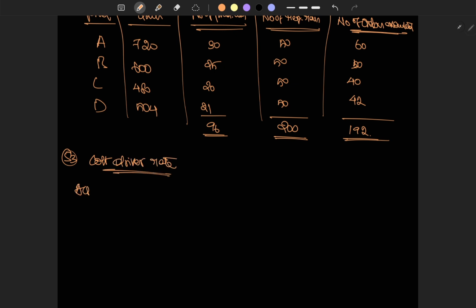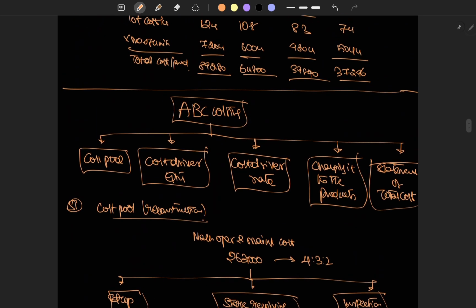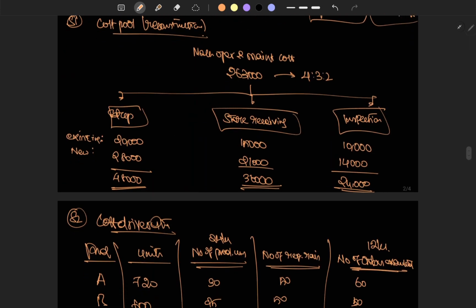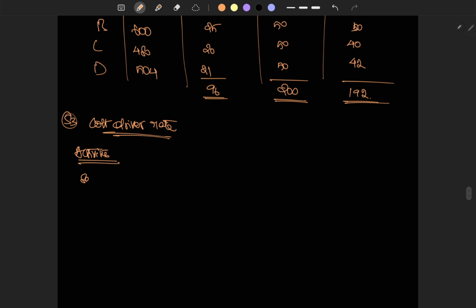So what are all the activities we have? We have four activities, which are setup, store receiving, inspection, material handling and dispatch.